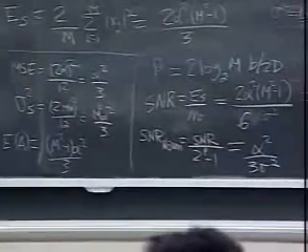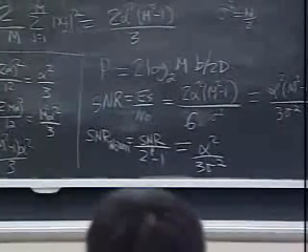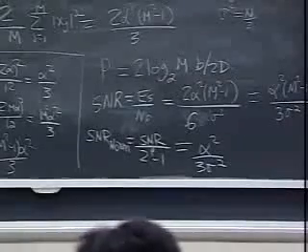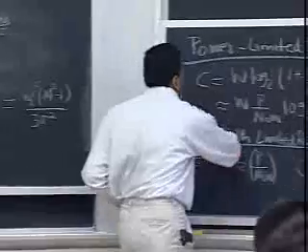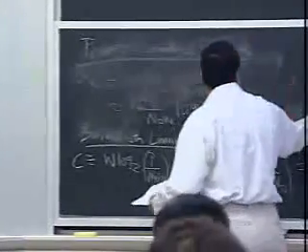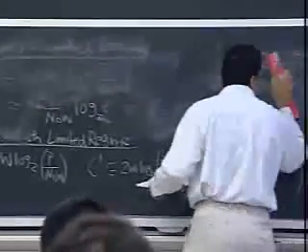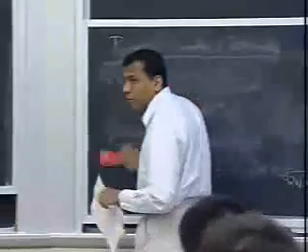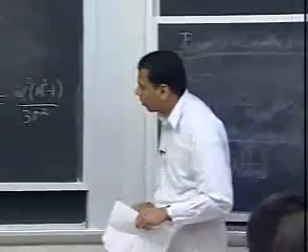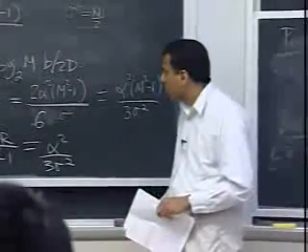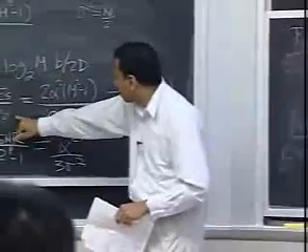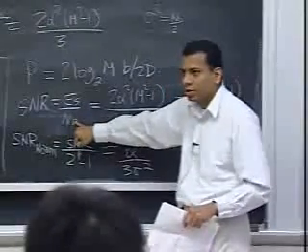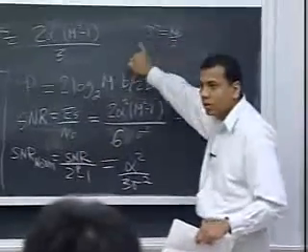So that's the SNR norm if I use an MPAM system. Well, I plugged in for SNR, so I have 3 n naught, but n naught is 2 sigma square.